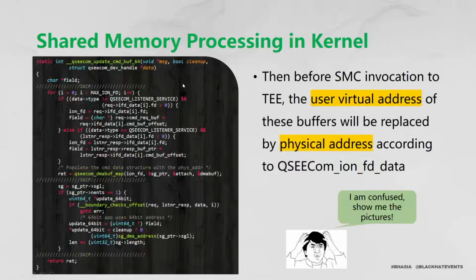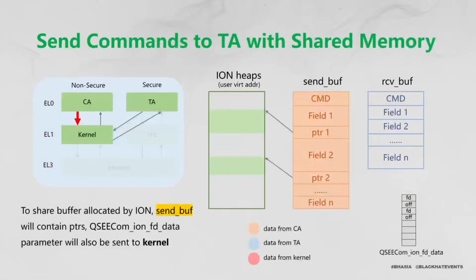Then in the kernel, the user virtual address of the shared buffer in the command buffer will be translated into a physical address. I know this code is a bit confusing. I'll show you in the picture.